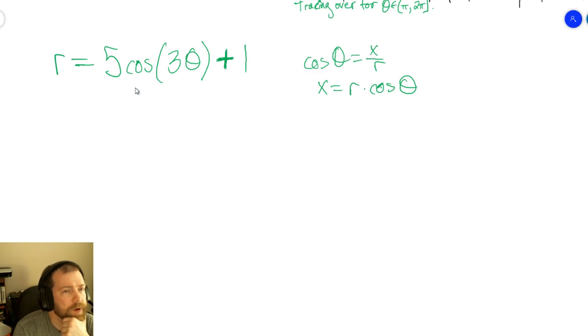In this case, we might be able to break up cosine of 3 theta, or we could just say that this is 5 cosine of alpha plus 1, and now it's just a single variable, which then we can deal with later when we get back to the other side. Maybe not, because that's x. Okay. There's a number of different ways you can resolve stuff.